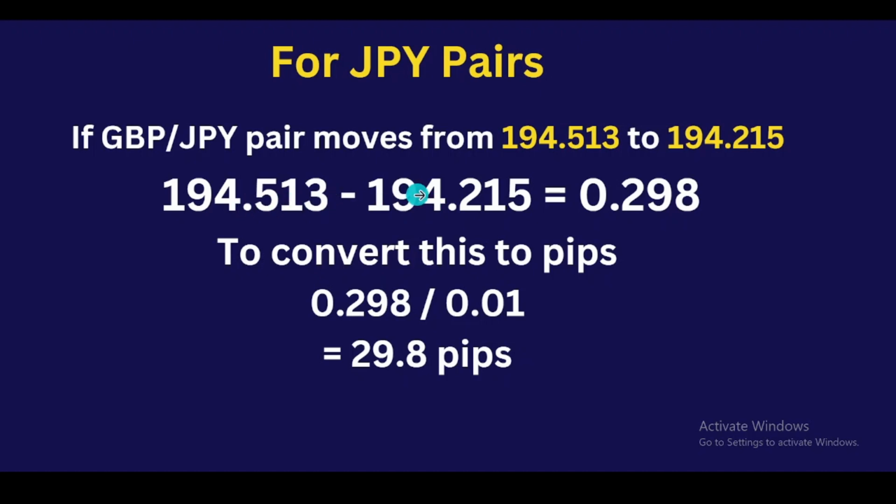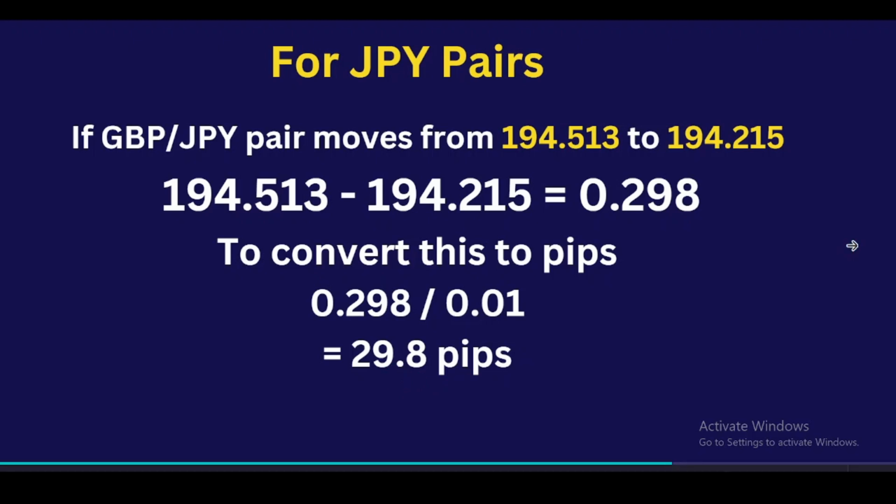I subtracted this from this to get this value here. So this is the value we got, 0.298. Now to convert this to pip, what we are going to do is to bring this point here down. Look at here, and we are going to divide it by 0.01. So after dividing mine by 0.01, I got 29.8 pips. This is approximately 30 pips.